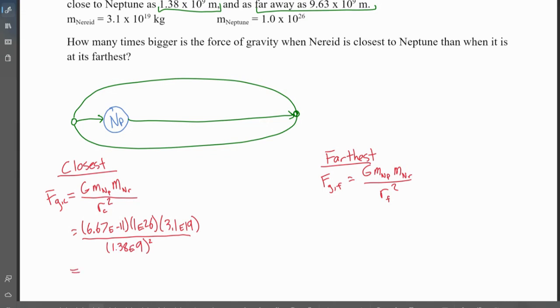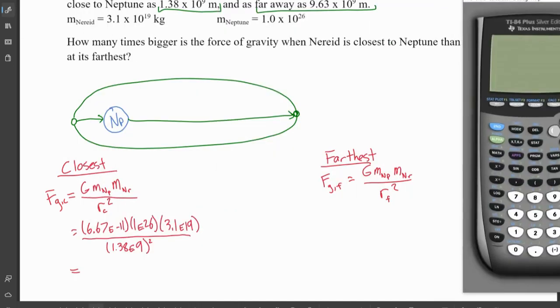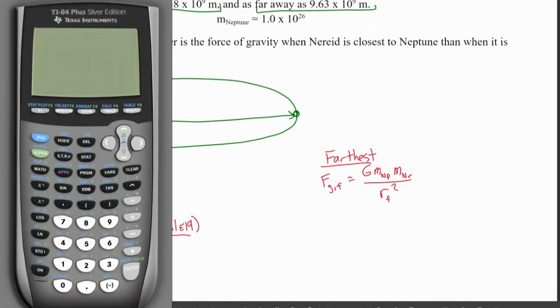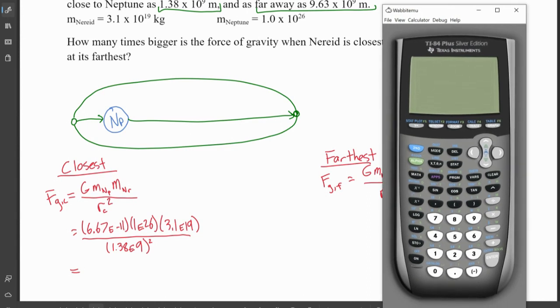So if we get our calculator, let's plug in these numbers. 6.67 times 10 to the negative 11 times 1 times 10 to the 26 times 3.1 times 10 to the 19 divided by 1.38 times 10 to the 9th, but that gets squared.